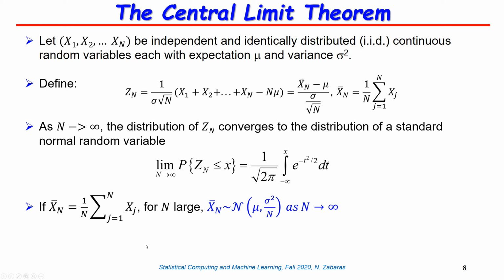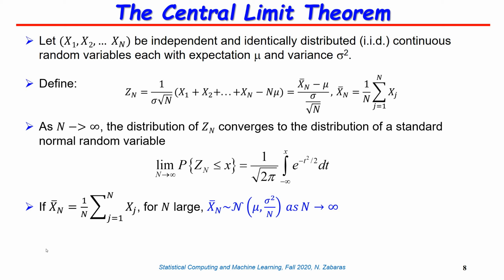So let me repeat again, the sample mean basically follows a Gaussian distribution with mean mu and variance sigma square over n, and this happens as n goes to infinity, so for large n. And I remind you, my original data x1, x2, xn, etc. don't come from a Gaussian distribution, they can be from any distribution that has a mean mu and a variance sigma square.